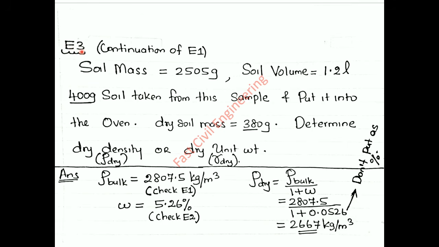Example 3. Actually, this is a continuation of example 1. The soil mass is 2505 gram, soil volume 1.2 liter. Then 400 gram of soil taken from this sample is put into the oven. Dry mass 380 gram. This is example 2.